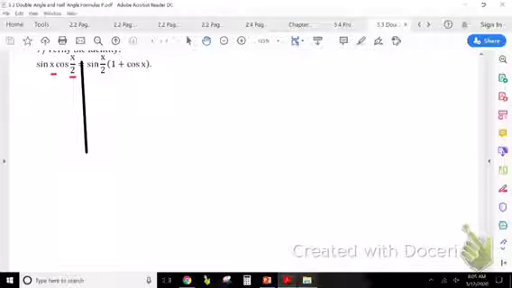Well, let's see. What if we distribute? I don't know. I'll work the other side, so let's see what we can do from here, because the 1 plus cosine didn't get me anywhere, right?